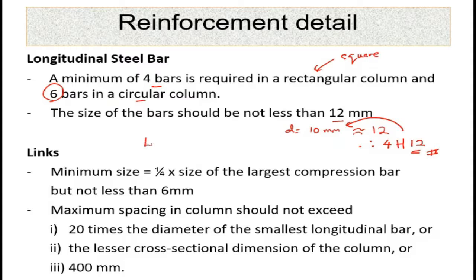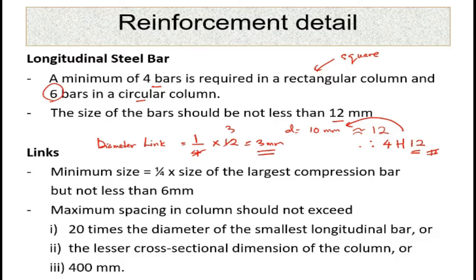So diameter of link equals 1/4 times diameter of rebar. So you get 3 mm. So this 3 mm is less than 6. So you cannot use 3 because of what?